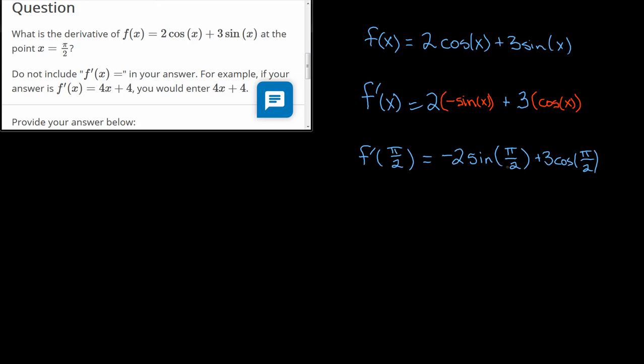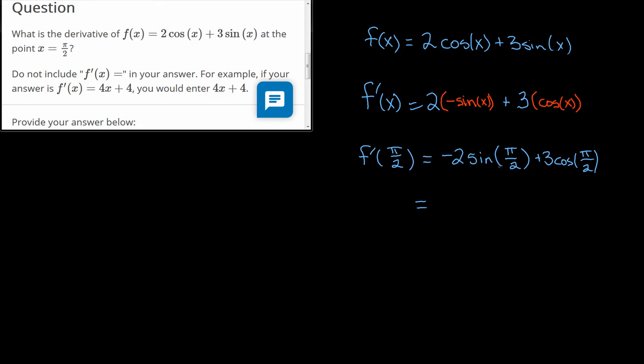Now this is where you have to think about your trig functions, and hopefully you remember what the sine of pi over 2 is and what the cosine of pi over 2 is. You can pause the video and think about that for a minute, because as a calculus student you should know that stuff.